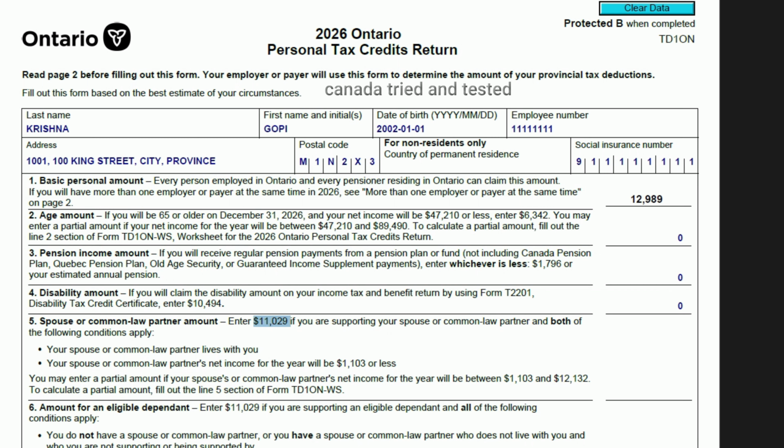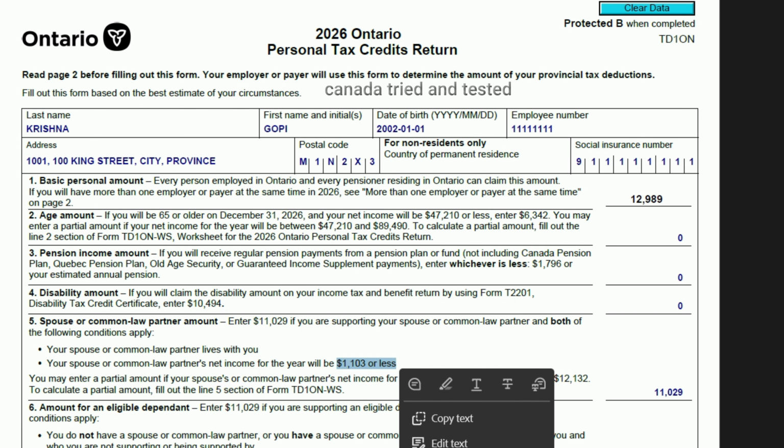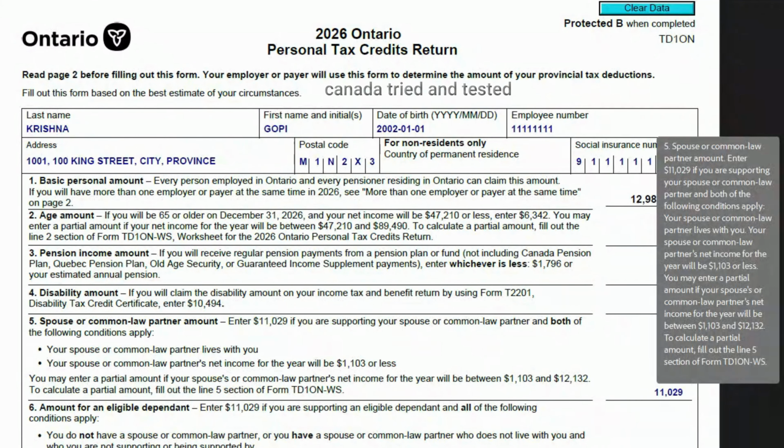To enter this 11,029 here, you need to meet two conditions. One, your spouse or common law partner lives with you, and the second condition is that your spouse or common law partner's net income for that year will be 1,103 or less. So if their earning is 1,103 or less, you will enter this amount, 11,029.